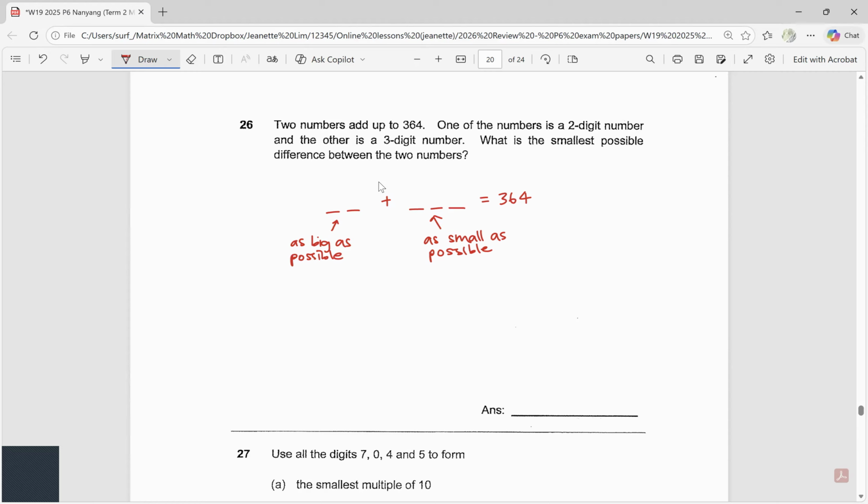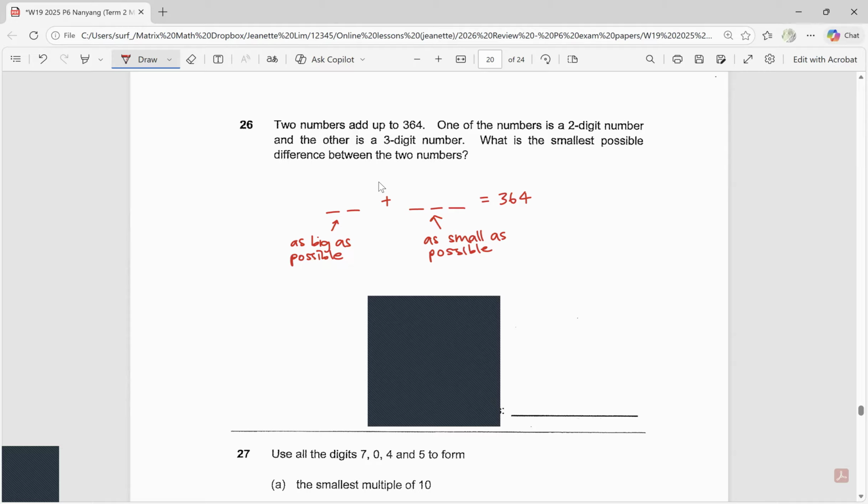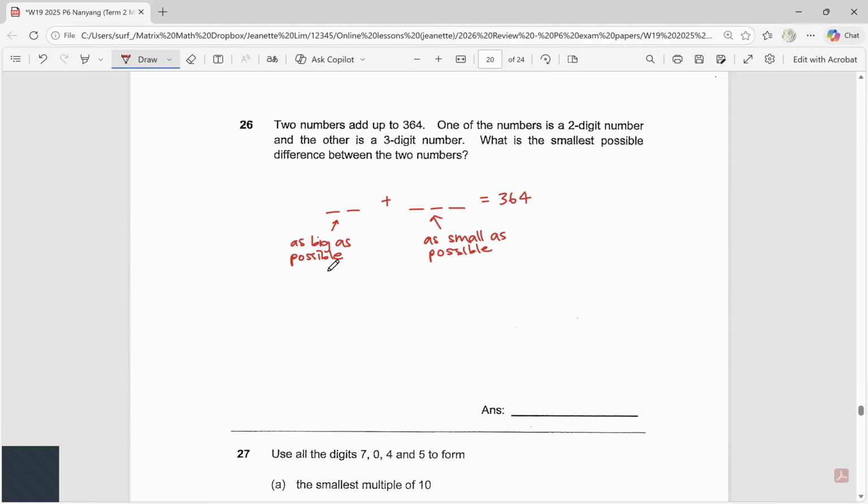Okay, so what is the biggest possible 2-digit number that we can come up with? That'd be 99, right? And we know that if this is 99, whatever that's left is definitely 3-digit. But if we were to go the other way and say the smallest possible 3-digit is 100, then whatever is left will not be 2-digit, because if you take away 100 from here, you still end up with 3 digits.